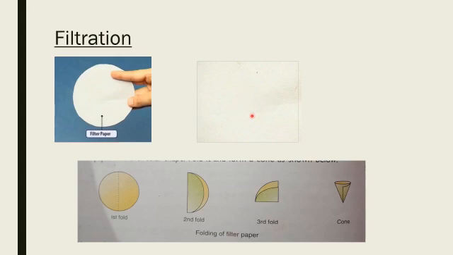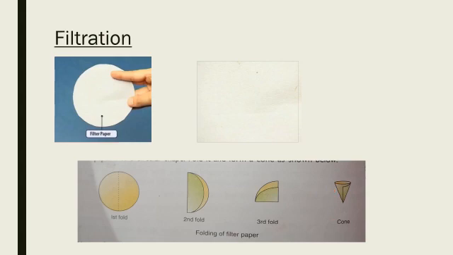So it has smaller pores than cloths, and hence it can be used for the separation of fine particles from water, right? So how should we use this filter paper? We have to cut it in this shape, and we have to fold it like this, and finally we have to give it the shape of a cone.